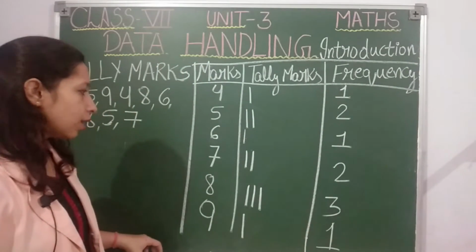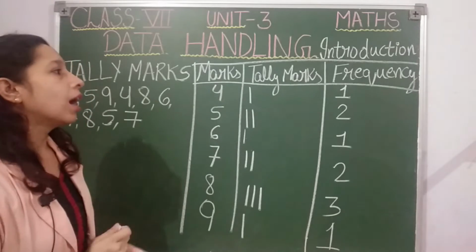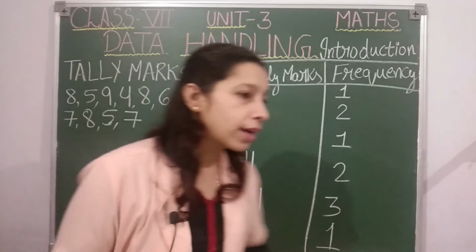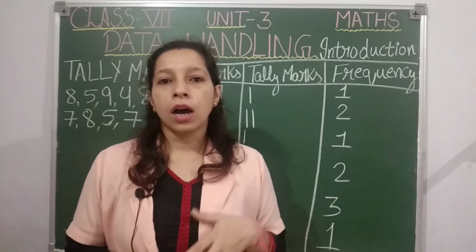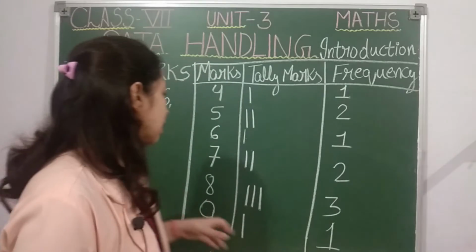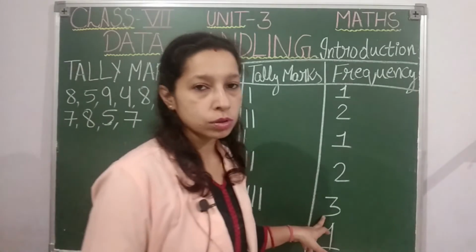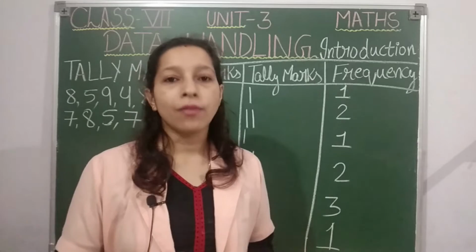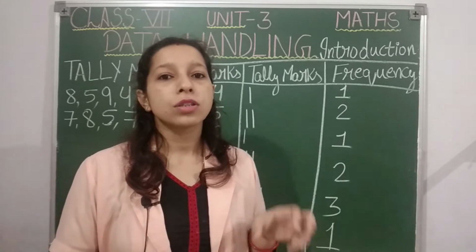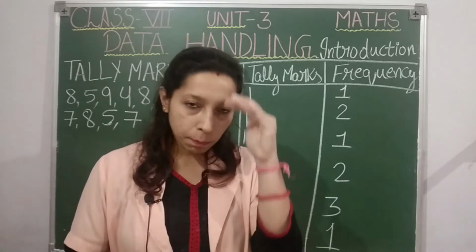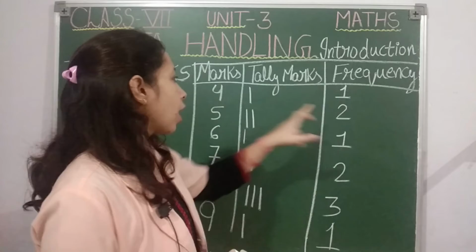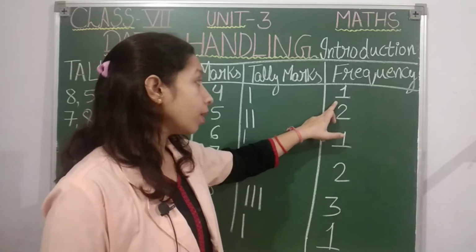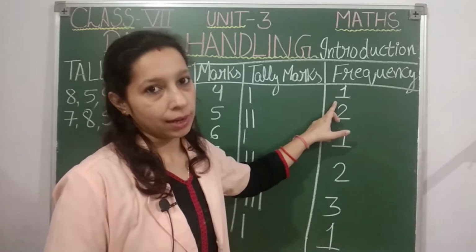See students, suppose I want to know how many students scored the highest marks. The highest mark is 8 here. How many students scored 8? 3. Now I want to see how many students scored the minimum marks. Minimum means the lowest. So here 4. How many students scored 4? 1.